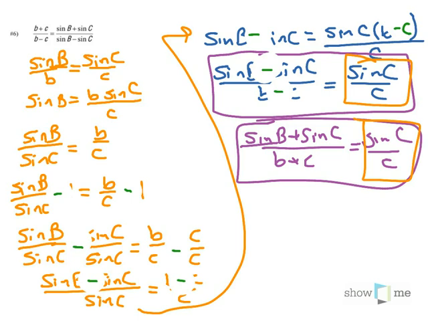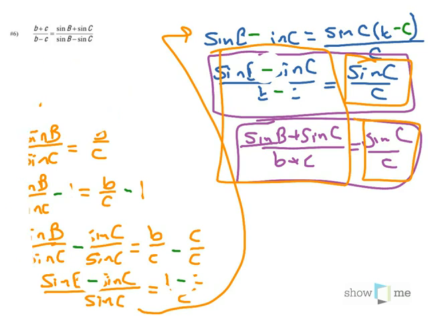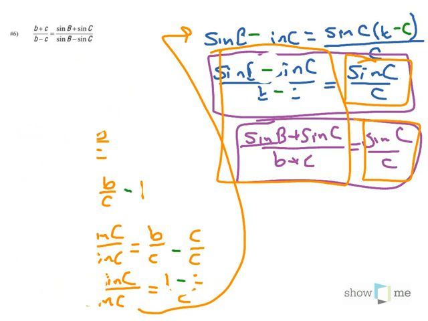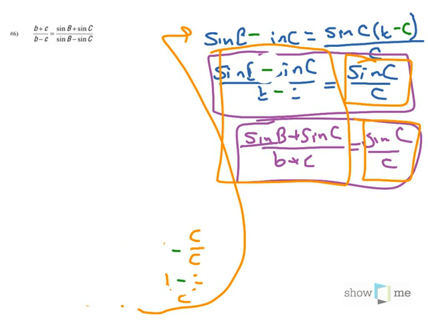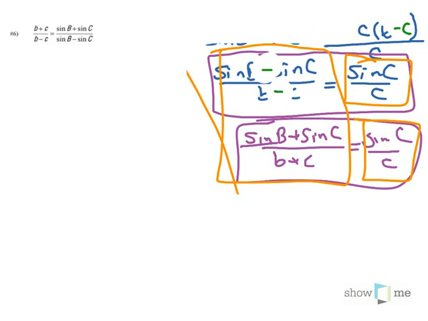What that means for us is we can set these two things equal to each other. That's the transitive property. If two different things are equal to the same thing, then those two things are equal to each other. So I'm going to set them equal to each other, and I'm going to try to manipulate that to get what we were trying to prove, what we can see here on the top left of your screen.